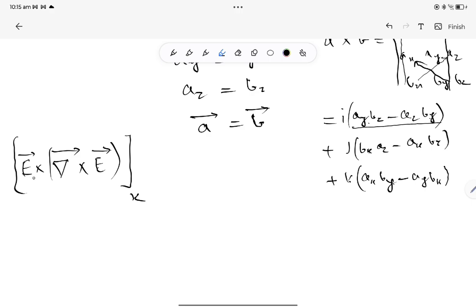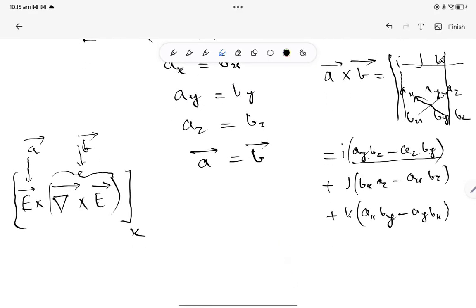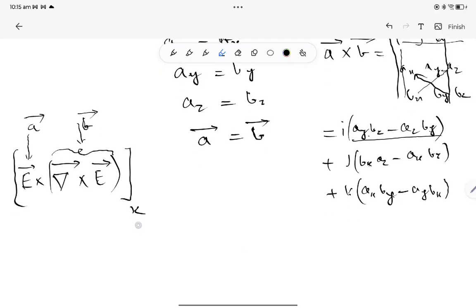You want the x component of A cross B. Now, this is the first vector A here, and these taken together are the second vector B. If you want the x component, instead of the x component I can write i there.